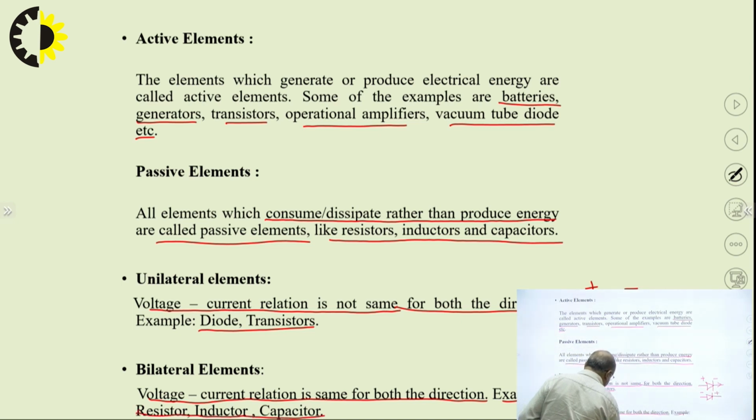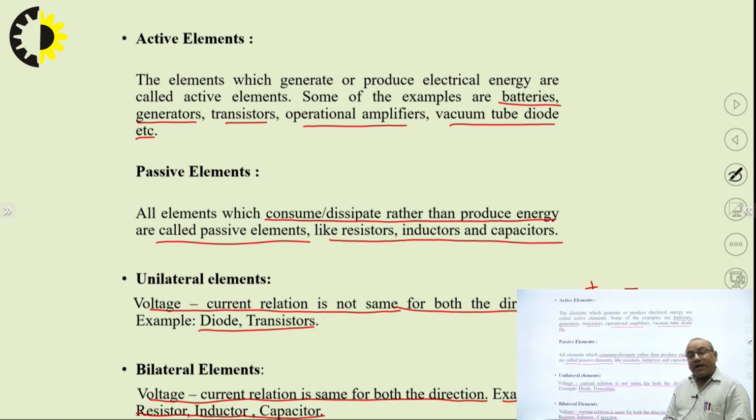In these elements current can pass in both directions easily without any problem, and the relation between voltage and current is the same in both directions of current flow, not like a diode, in which the relation between voltage and current is different for two opposite directions of current flow. So that is why R, L and C come under the category of bilateral elements, while the diode comes under the category of unilateral elements.